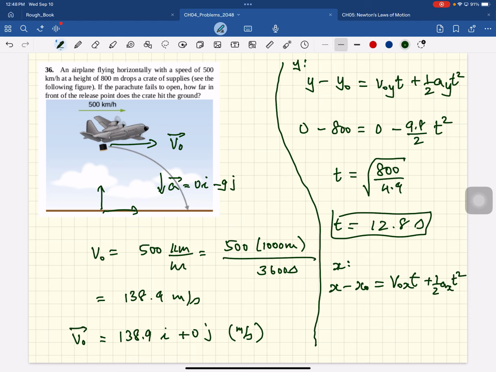All right, the final x position is what we want. Initial x position is 0 meters. Initial x component of the velocity is 138.9 and the time is 12.8. And the x component of the acceleration was 0. So this is where it falls.